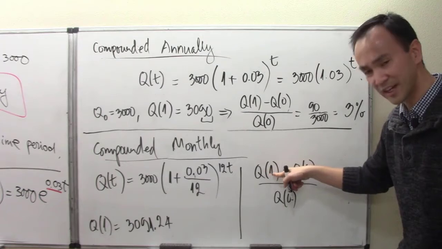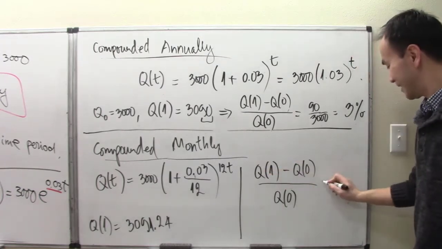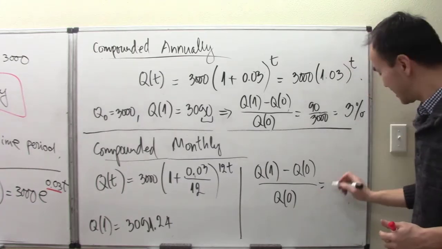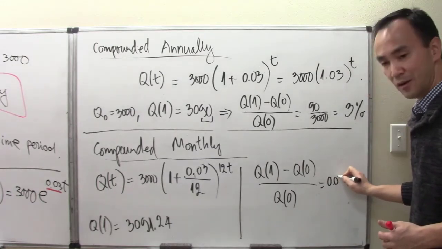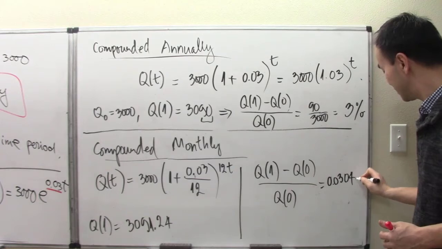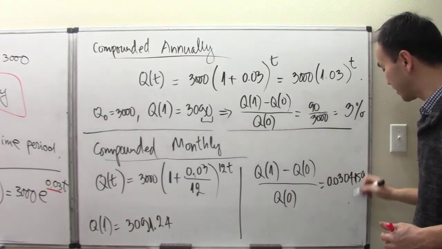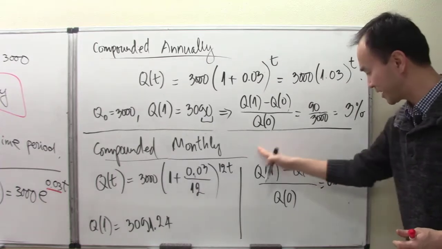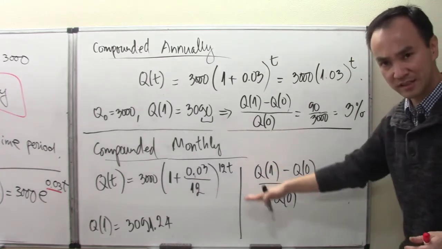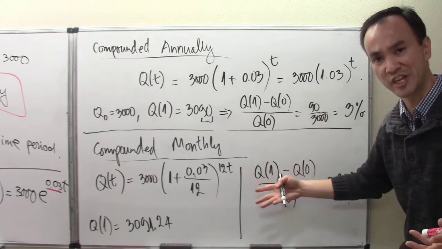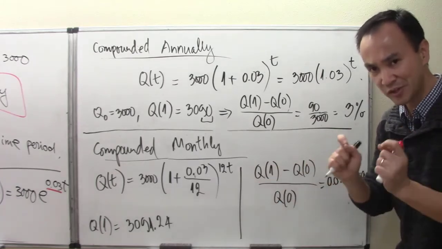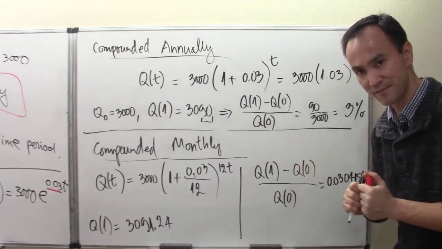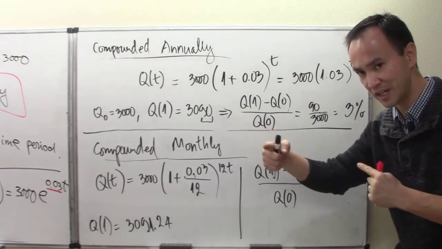Doing that, for my calculation I got 0.03, 04, 159, and a lot longer. In percentage, remember, this is how I find the so-called percentage yield. How much has actually been yielded over a 1 year period of time.